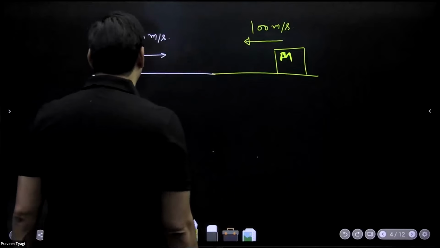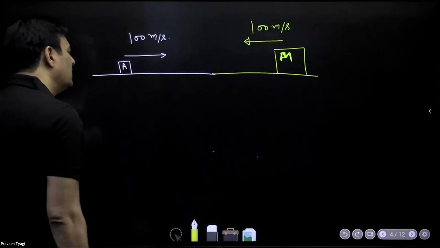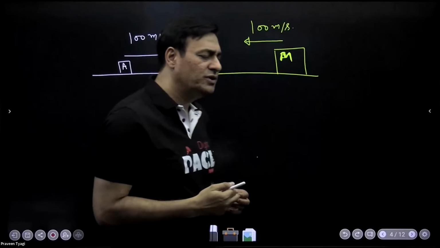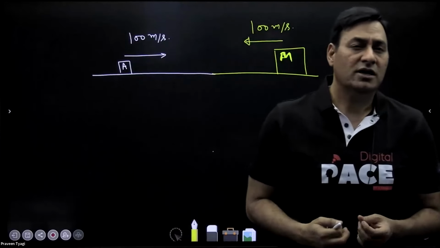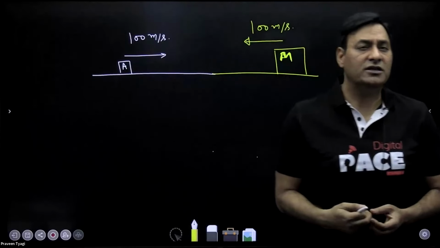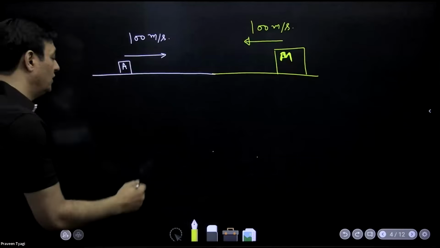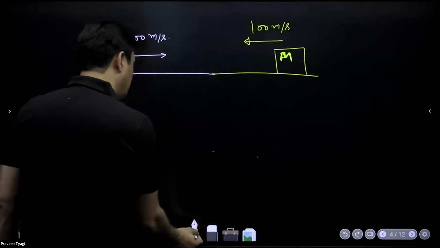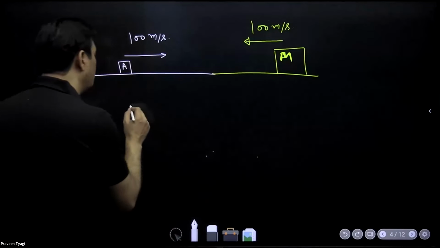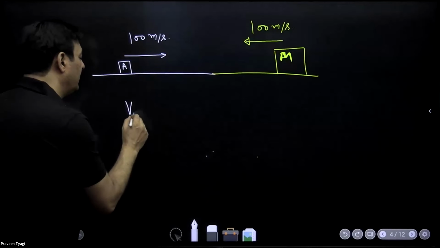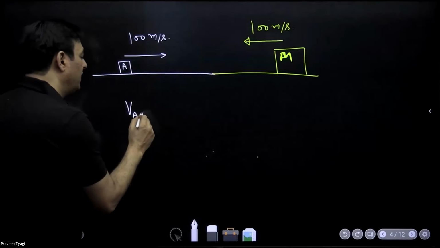Now, when I say velocity of A is 100 meters per second, what do I mean? This velocity is with respect to who is the observer? Which frame? Question is, what will be the velocity of A as observed by Minasri?